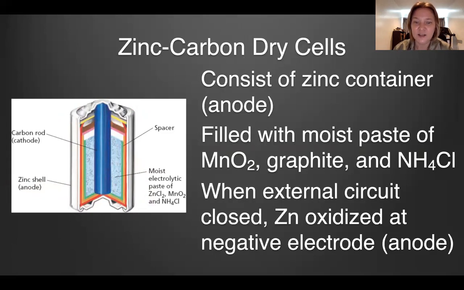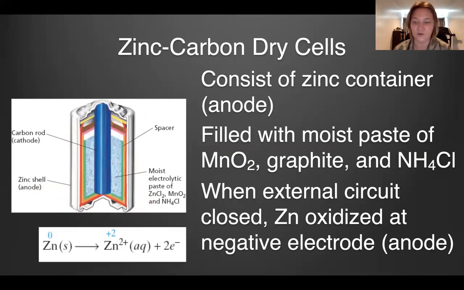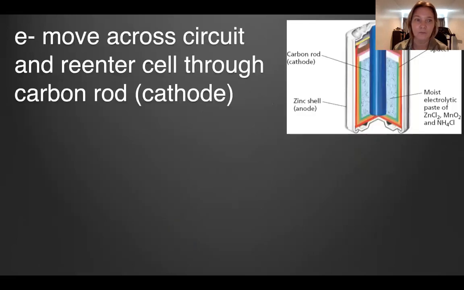When the external circuit is closed, the zinc is oxidized at the negative electrode, which is the anode. So this is the half reaction. We have zinc being oxidized to zinc ion, so you lose electrons. Electrons move across a circuit and re-enter the cell through the carbon rod, which is the cathode, that's here.